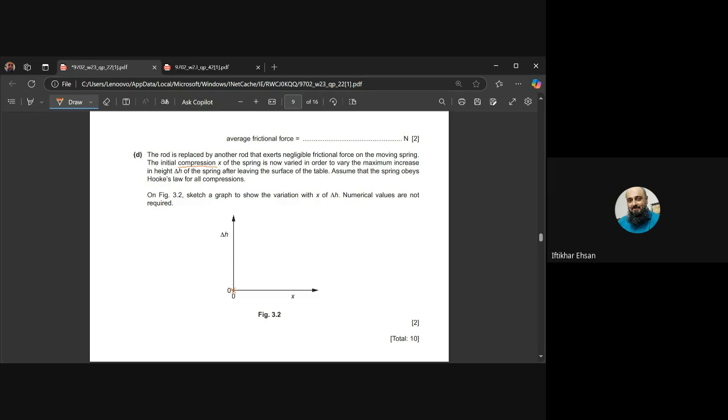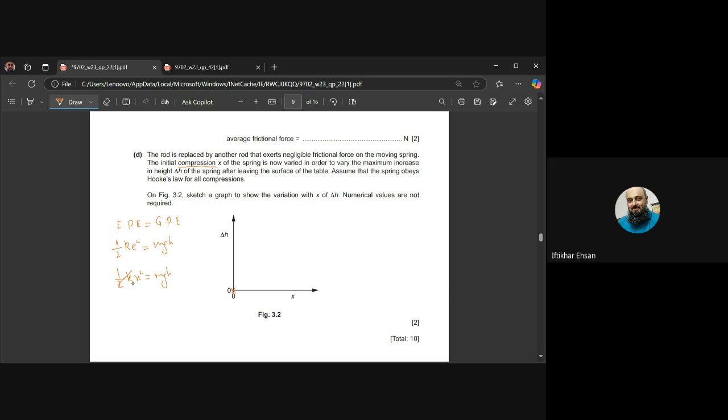And if you keep increasing, what relation do we have? The elastic potential energy is converted into gravitational potential energy when it rises. When we compress, the elastic potential energy is equal to half k x square.